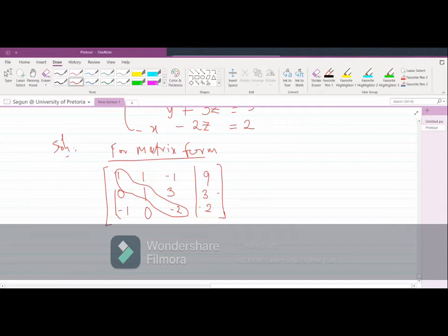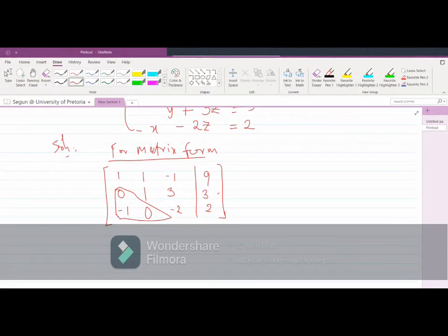Let me just clean the diagonal. So all the elements here must equal 0. That is this place. They must equal 0. That is our target. If you can achieve that, it means you have already solved part 1.